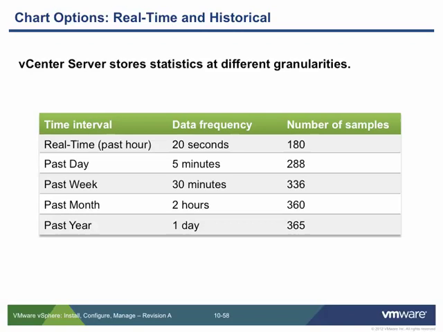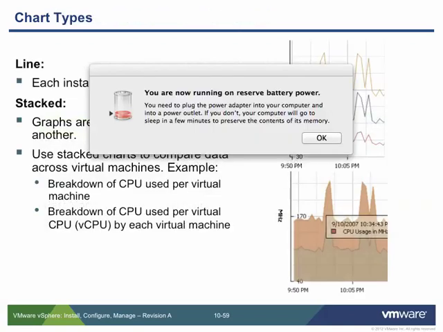The real-time stats are kept on the ESXi host itself in a flat file, and then periodically that flat file is rolled up and stored in 5-minute increments on the vCenter server. So those real-time snapshots are kept on the ESXi host, and anything other than that is kept within the vCenter server.